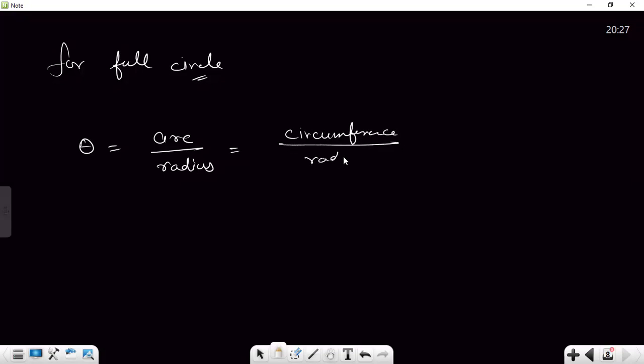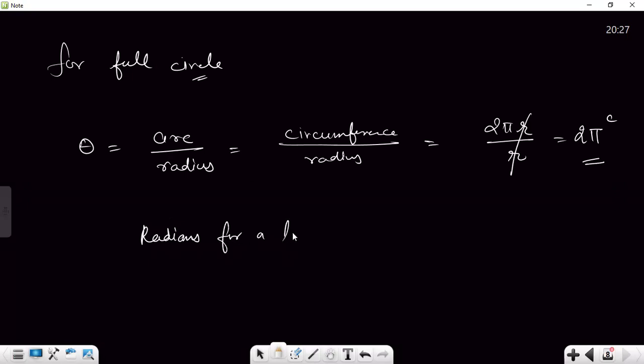And radius remains radius. Circumference for a circle is 2 pi r divided by r. So that is the value of radians, given by writing c instead of the degree sign. And this is known as the radians for a full circle. That is 2 pi radian.